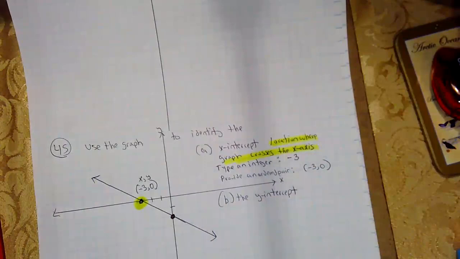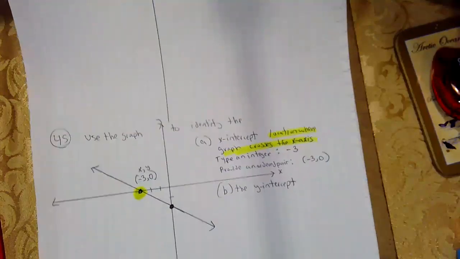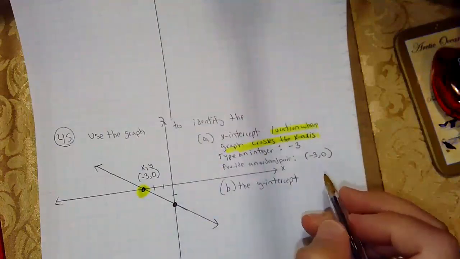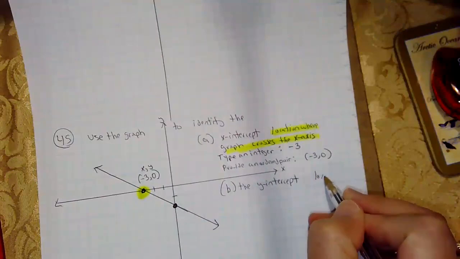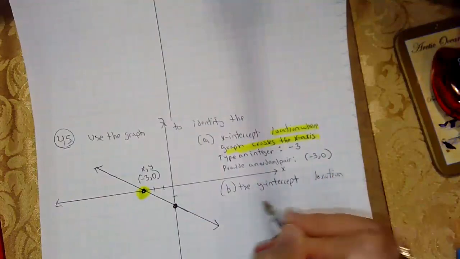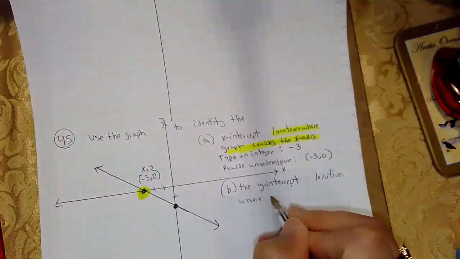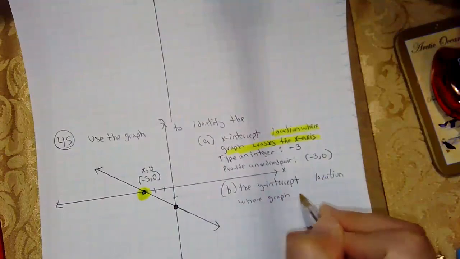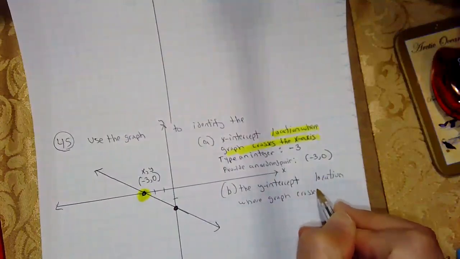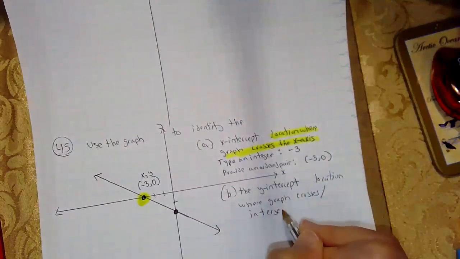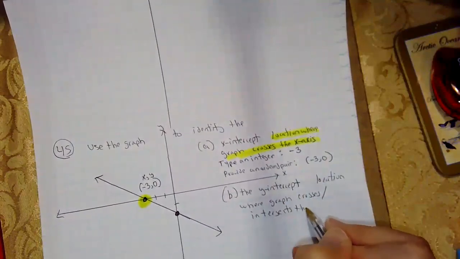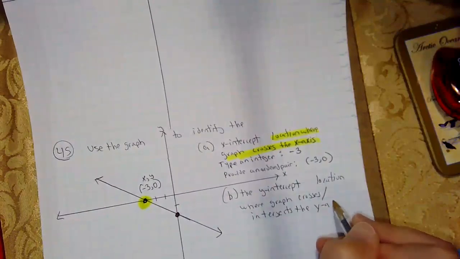So of course you have to follow directions into the computer to get the format right. And then the y-intercept is the location where the graph crosses, or they also use, you saw, intersects the y-axis.